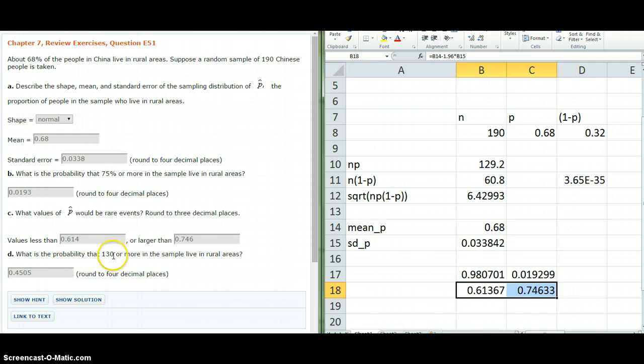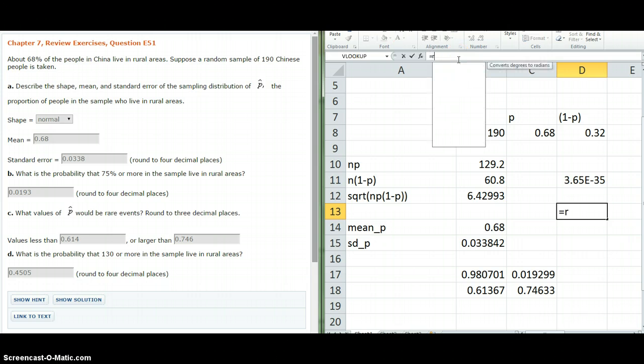What is the probability that 130 or more in the sample live in the rural areas? Well, now I'm looking at the number of people, not the proportion. So I'm going back up to this mean and standard deviation here. So it's a separate normal distribution, certainly related. I'm going to use the normal distribution again.